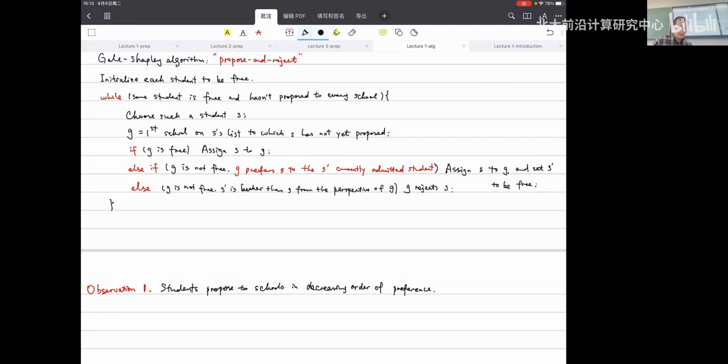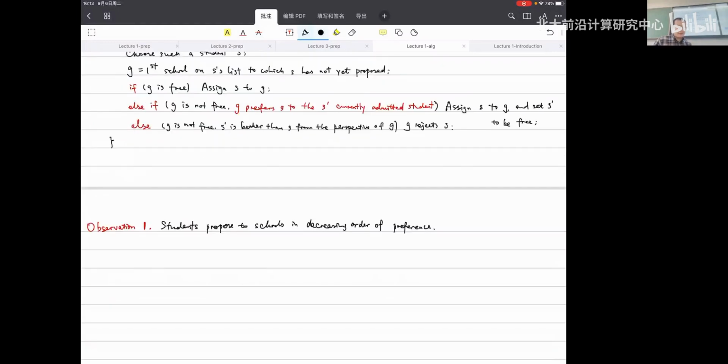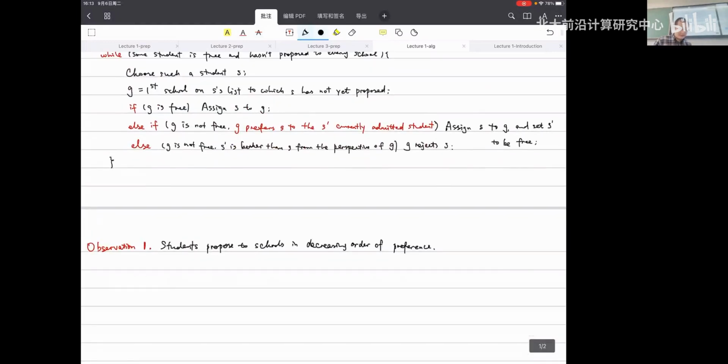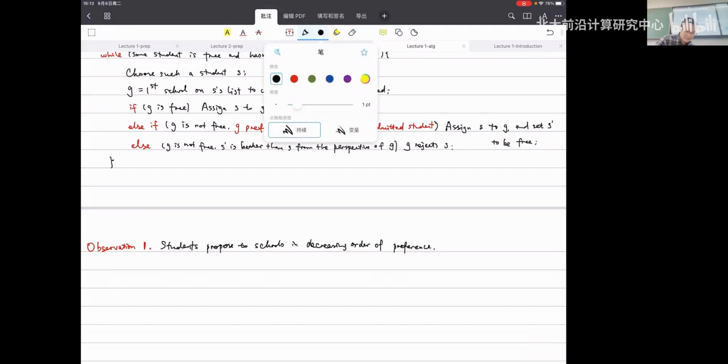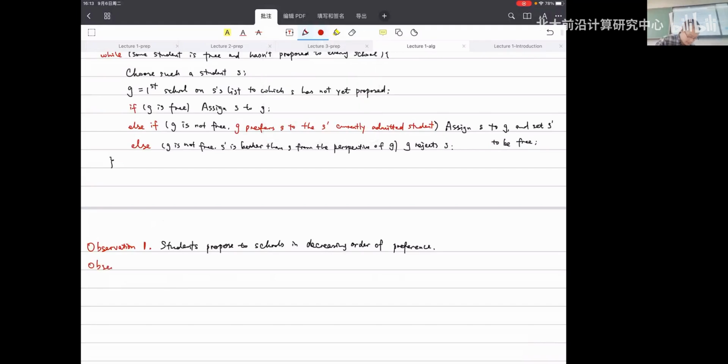For instance, if we go into the else-if line, the student S prime goes into the while loop at least once again. So students can get into the while loop again and again, but each time they choose only the first school on their list that they have not yet proposed to. So the students propose to schools in decreasing order of preference. This will be even clearer after I read observation 2.